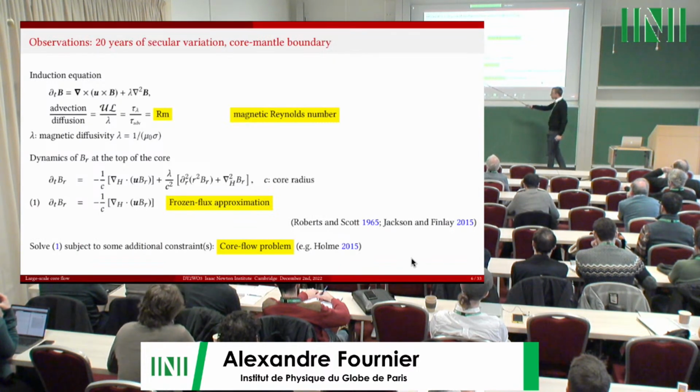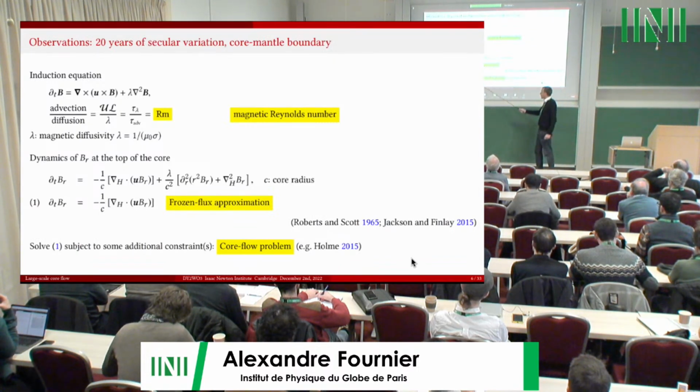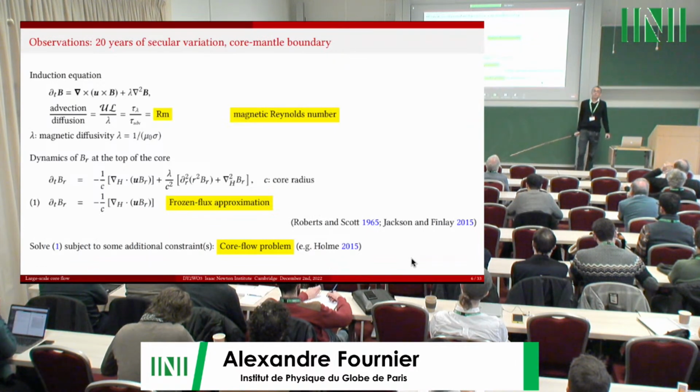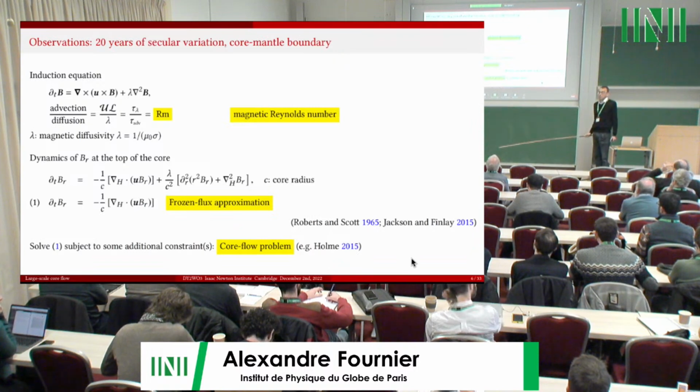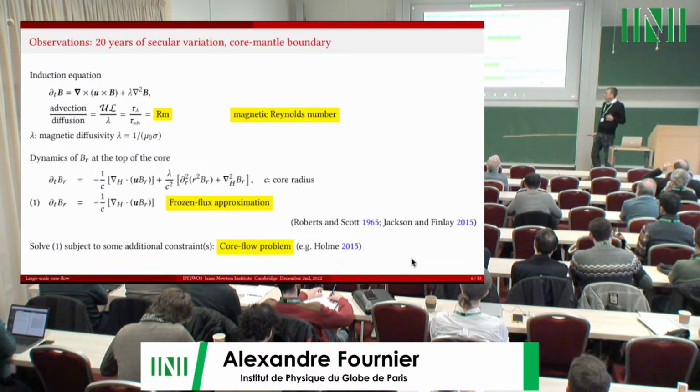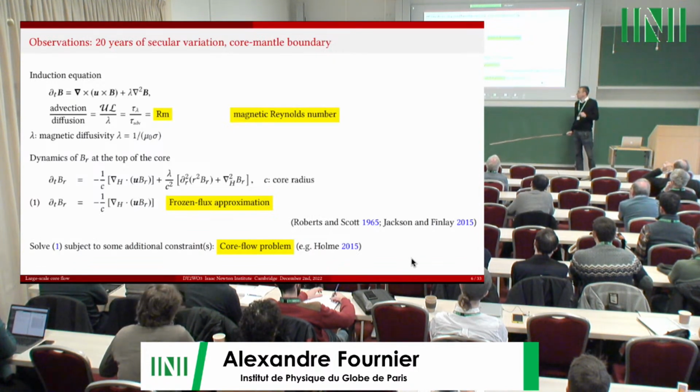So we are in the frozen flux approximation. We know ∂_t B_r. We know B_r. So we can try to solve for U, subject to some additional constraints on the flow. So this is the realm of the so-called core flow problem. So be careful there, because as easy as it may sound, the core flow problem has become some sort of a craftsmanship.